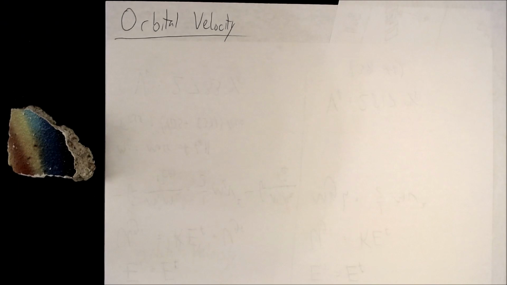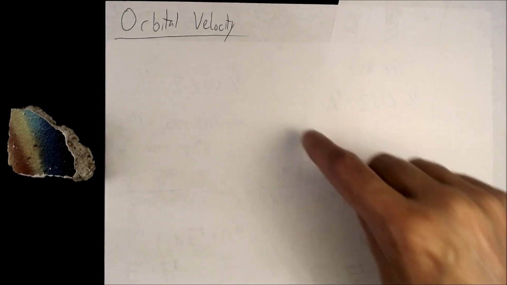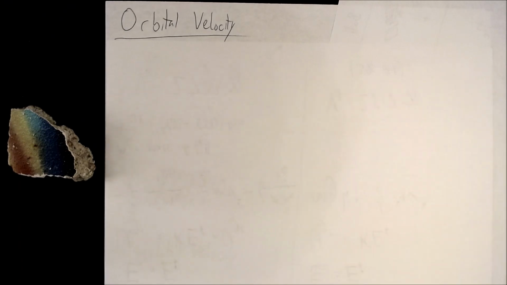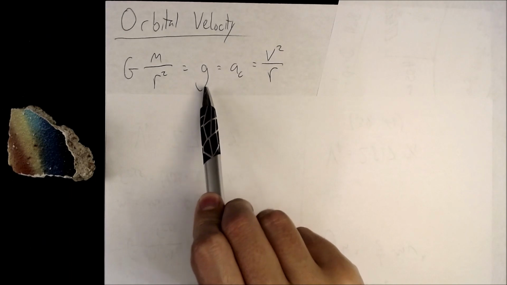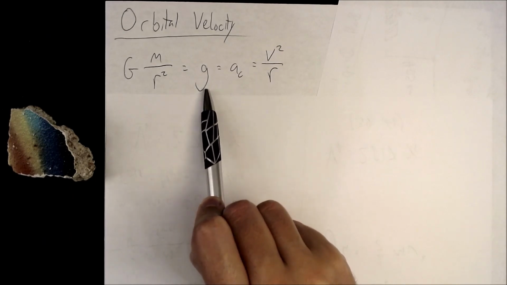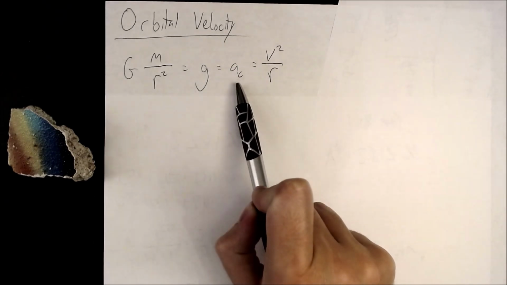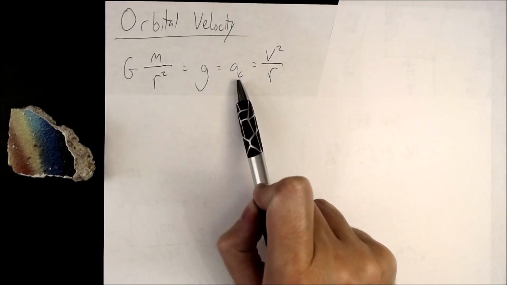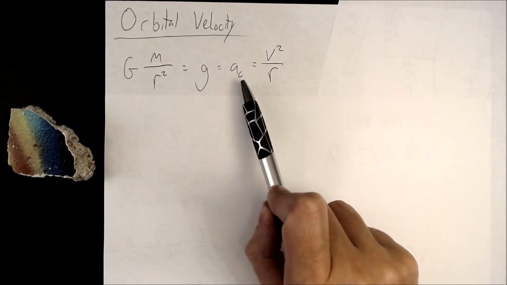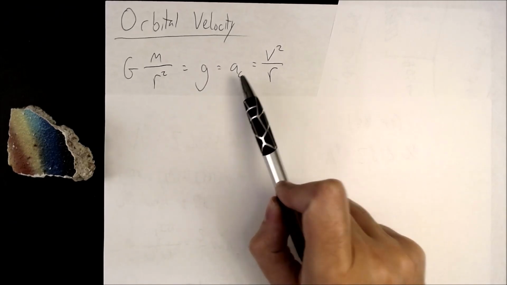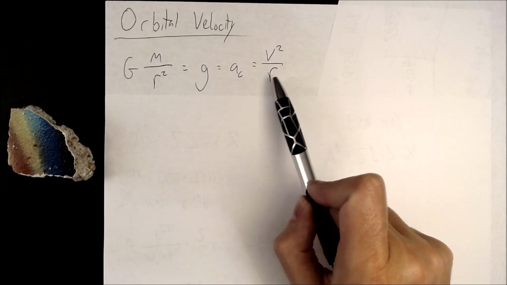There's another related concept called orbital velocity. That's the velocity that you need to be in a stable orbit around a planet or a star or whatever. This is not an energy problem. This is actually a force problem. Last time we looked at how the acceleration due to gravity is GM over r squared. And we also looked at how, many lessons ago, the centripetal acceleration is v squared over r.